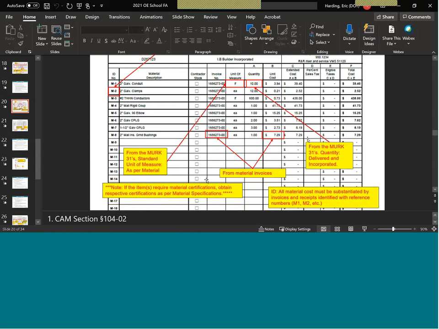Quantities from the MERC 31s, invoice numbers, unit prices that come from the material invoices. And one thing I want to note is that just because this is a force account, it's a 950 item, these materials all need to be certified, approved list, you know, manufactured material certification, all that still applies.